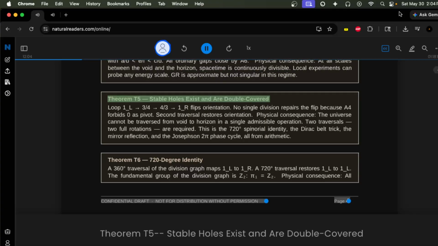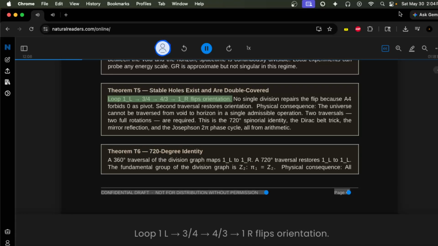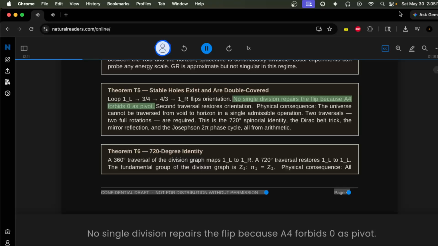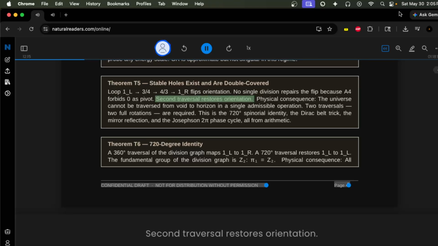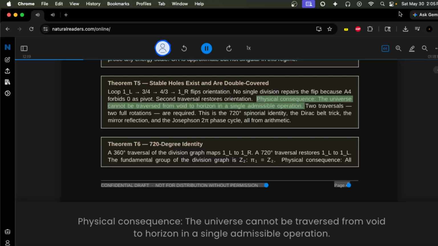Theorem T5, stable holes exist and are double covered. Loop 1L → 3/4 → 4/3 → 1R flips orientation. No single division repairs the flip because A4 forbids 0 as pivot. Second traversal restores orientation. Physical consequence.